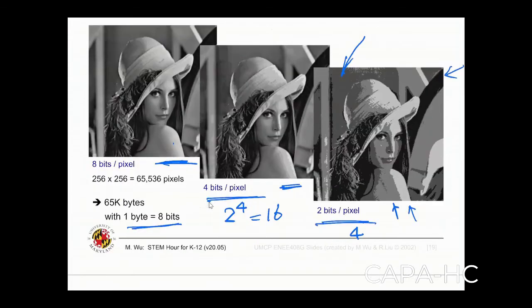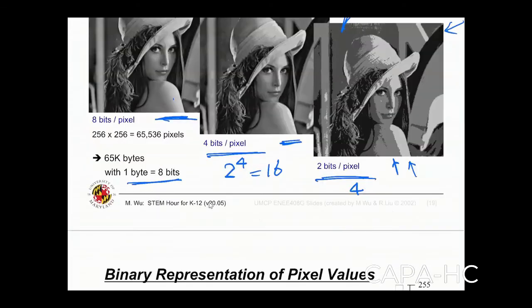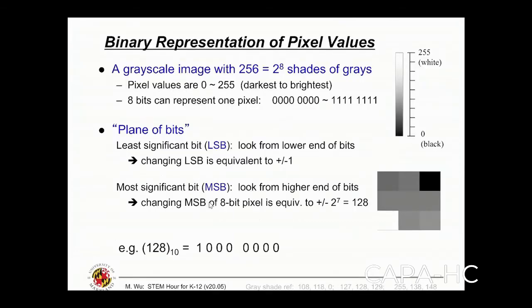Now, we are going to answer the question: how am I going to hide one picture in another picture? So we are going to create a picture-in-picture effect. And here, just to recap, we are looking at a grayscale picture with 8 bits for each pixel, giving us 256 shades of gray.